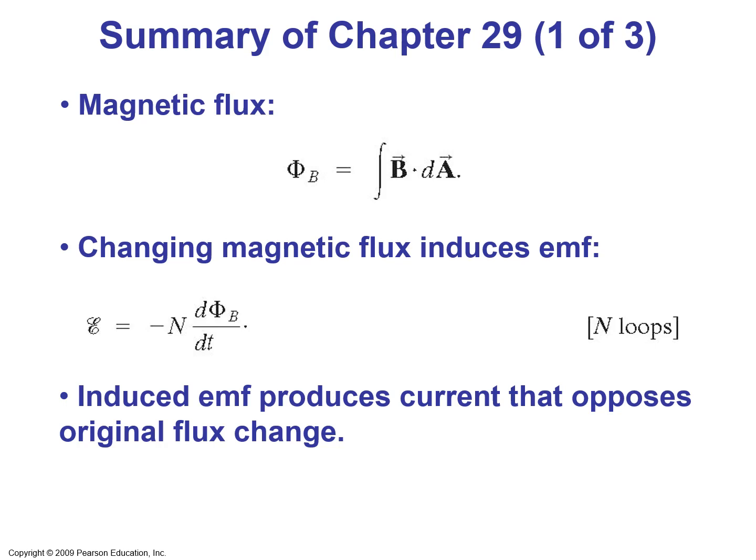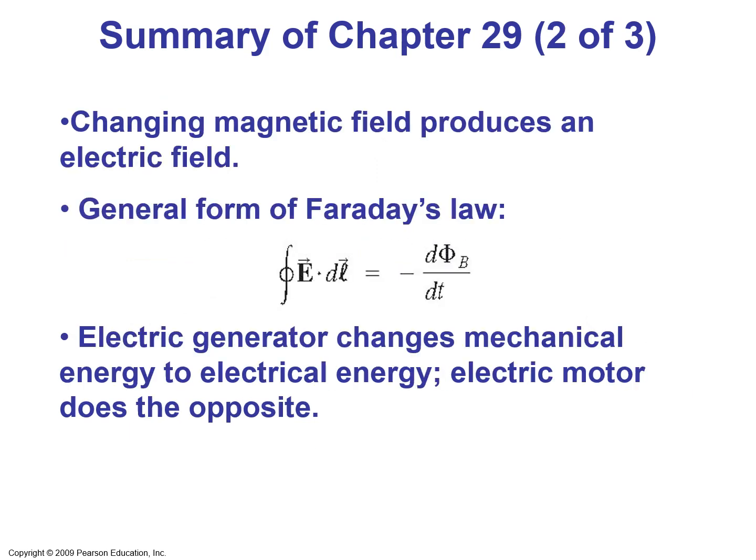Induced EMF produces current that opposes the original flux change. A changing magnetic field produces an electric field. The general form of Faraday's law is given by the integral over the closed loop of E dot dl equal to minus the derivative of magnetic flux over time.